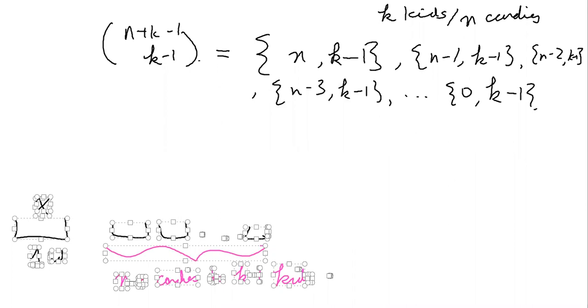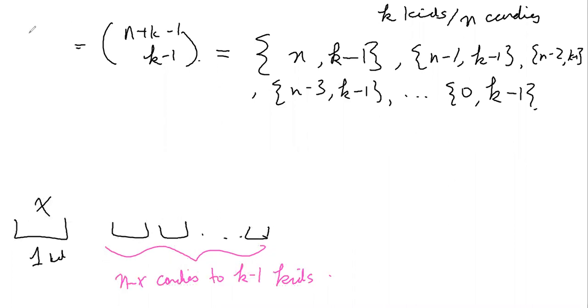Of course, we know that this is equal to the case of n and k. So we can represent each of these as a binomial as well.